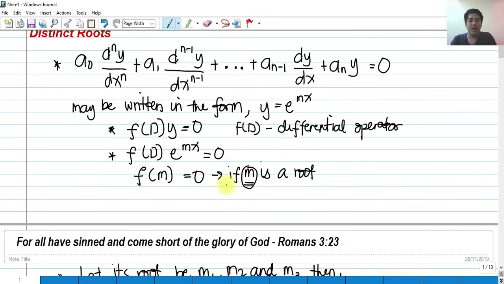So we see that in getting the roots of a polynomial, when we substitute the value of a root in a certain polynomial, if that number is a root of the polynomial, the result is always 0. So that's what we are going to recall here.